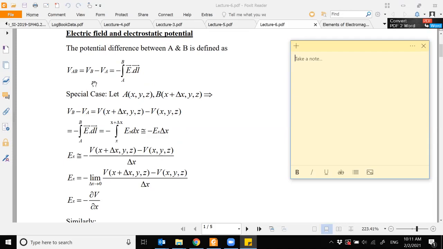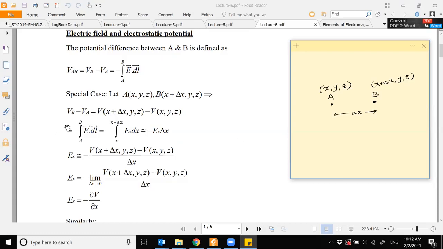Now I'm taking these two points, A and B. I'm assuming that point A is (x, y, z), and point B is a little bit away from point A, by a distance delta x.